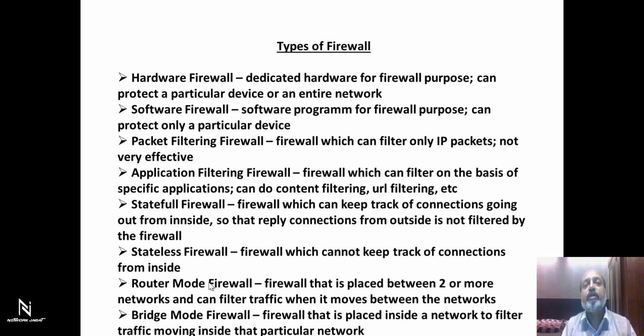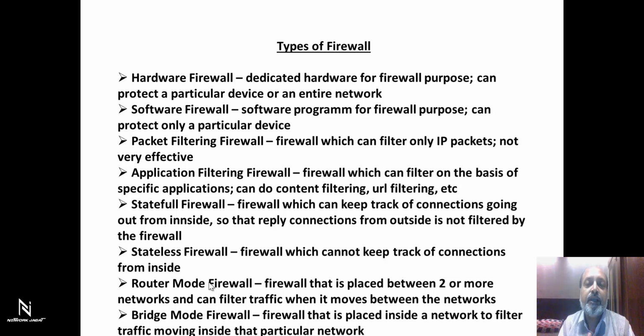Now here the firewall will be placed where the switch or the hub is present, and in that case it will be filtering the traffic which is running between the hosts which are connected to that particular firewall. And in doing that, it provides security for the different devices.